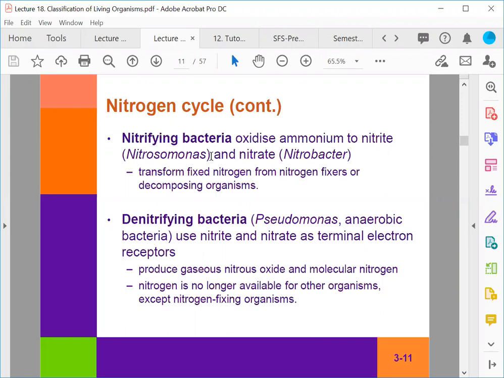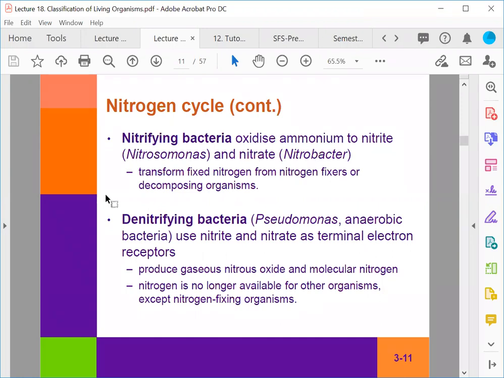So from ammonium to nitrite, species belonging to the genus Nitrosomonas, and then to nitrate, we're looking at different bacteria, for example those belonging to the genus Nitrobacter. They also transform ammonium that's generated from the decomposition of organisms.